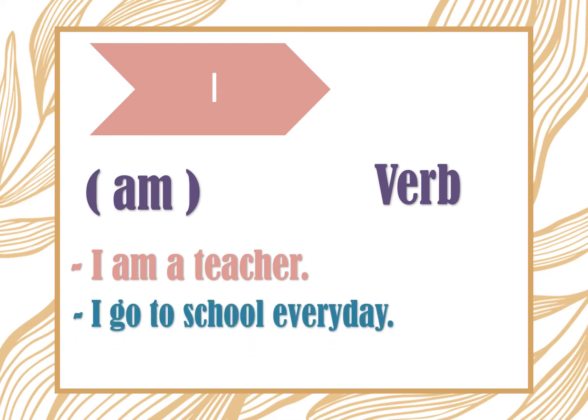So the first sentence here, we don't have a keyword, but it's a fact. Here we have another keyword, which is every day. We didn't add anything to the verb because the pronoun I doesn't need to add anything to the verb in the present simple tense. I go to school every day.